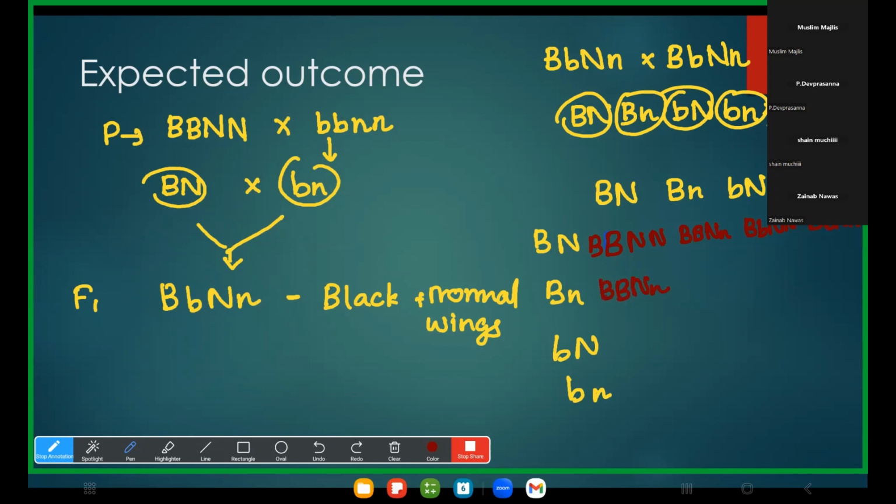And so on and so forth, so that our ratio would be something like black normal winged ones and black vestigial winged ones and gray vestigial winged ones, gray normal winged ones and gray vestigial winged ones.